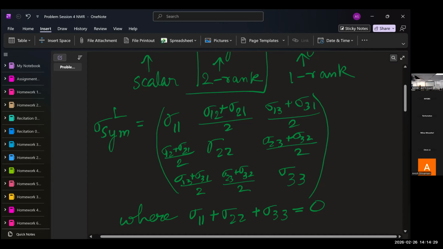And then because we want a symmetric tensor, you take the averages of the off-diagonal components. That's why you have (1,2 plus 2,1) over 2, and then (1,3 plus 3,1) over 2, (2,3 plus 3,2) over 2. And here I assume that the sum of these three components is 0, so that makes my matrix traceless.